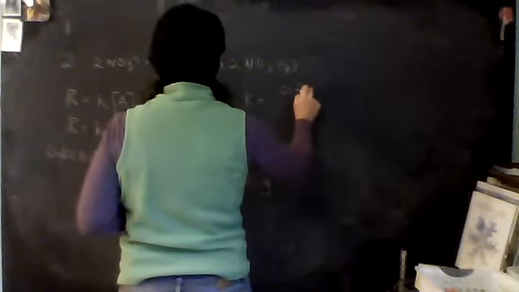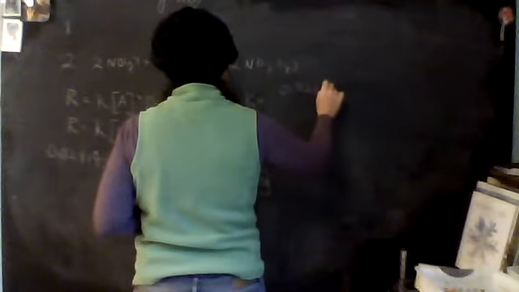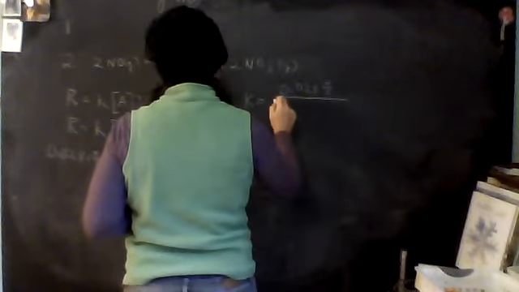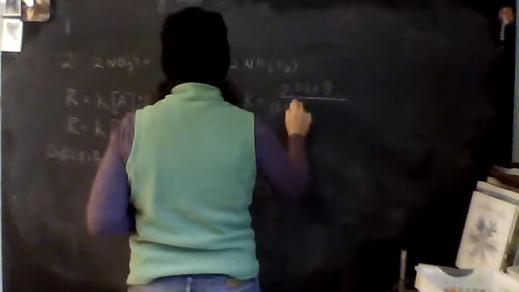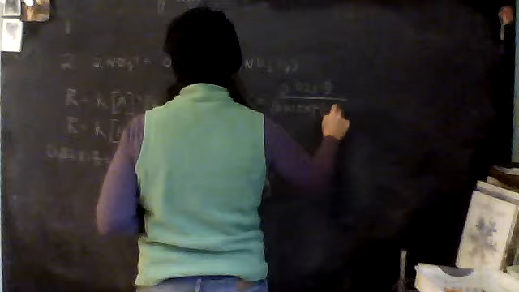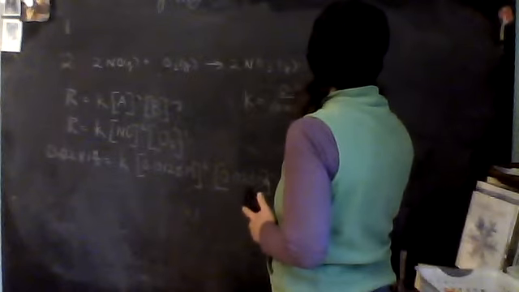K, the rate constant, is going to equal 0.0281 molarity per second divided by 0.0125 molarity squared times 0.0253 molarity. So these units are going to cancel out.